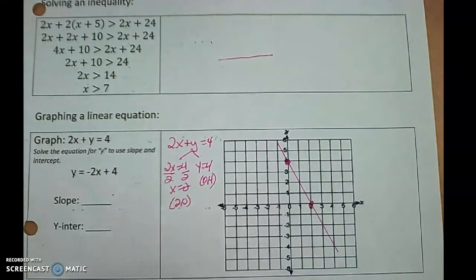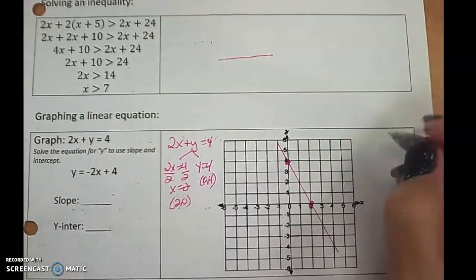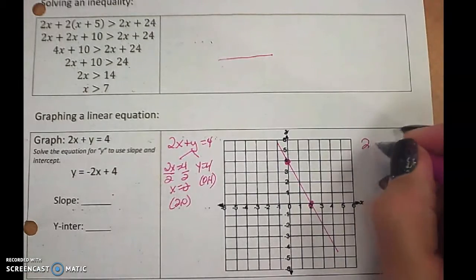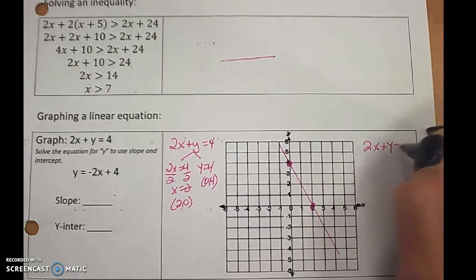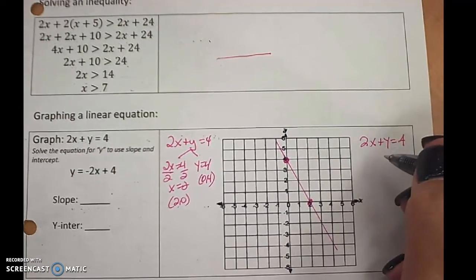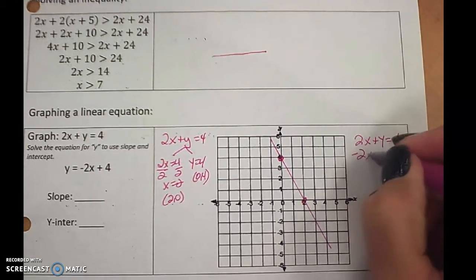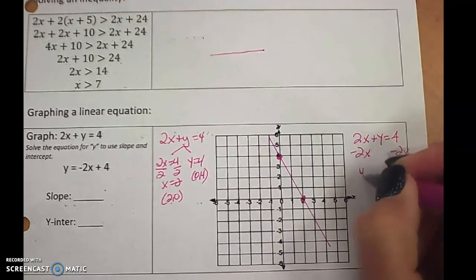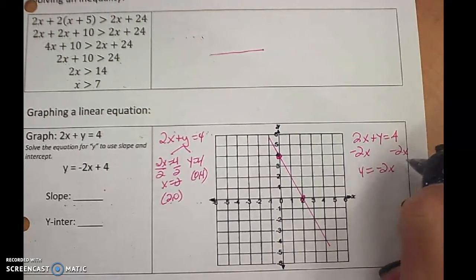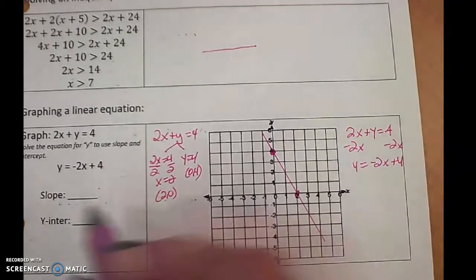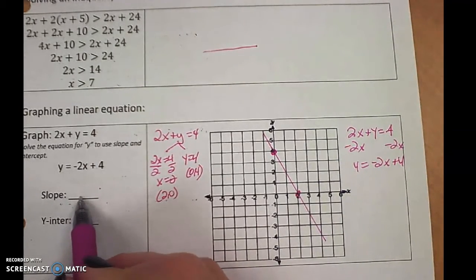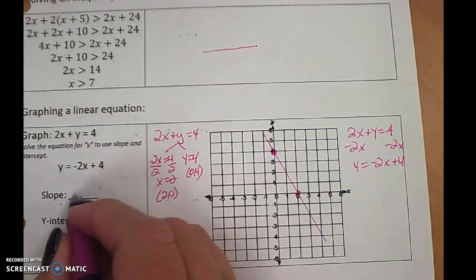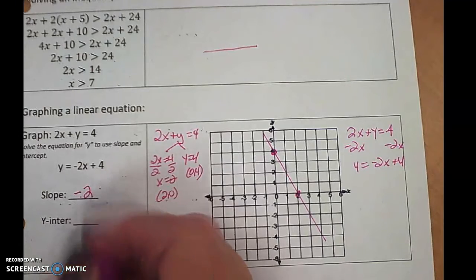Another way of doing it is to solve for y. That gives us the slope and the y-intercept. So if we subtract 2x on both sides, y equals negative 2x plus 4. The slope, I want you to label it over here. So the slope is the number in front of x when y is by itself.